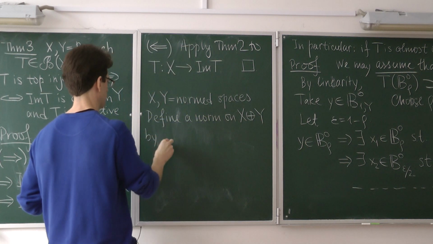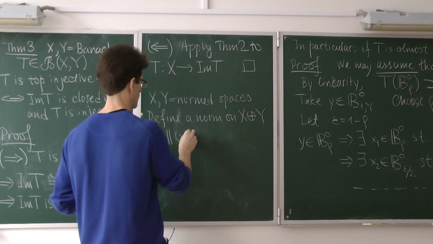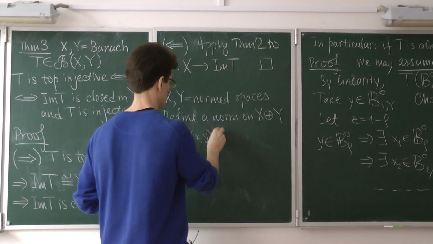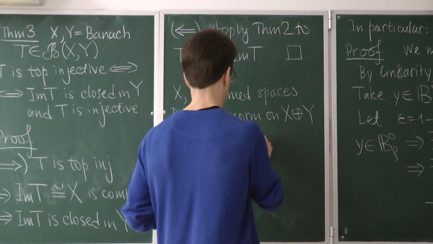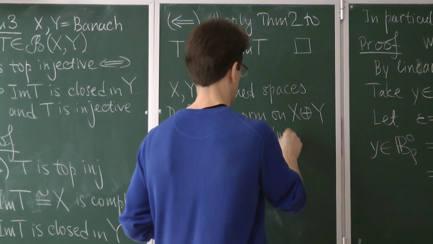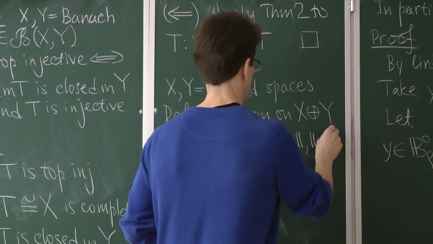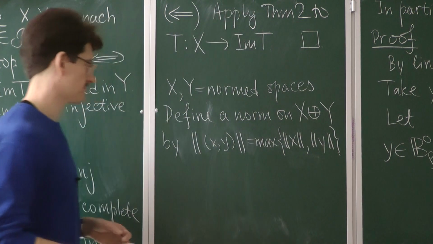by the following formula. The norm of a pair (x, y), which is an element in the direct sum, is the maximum of the norm of x and the norm of y.